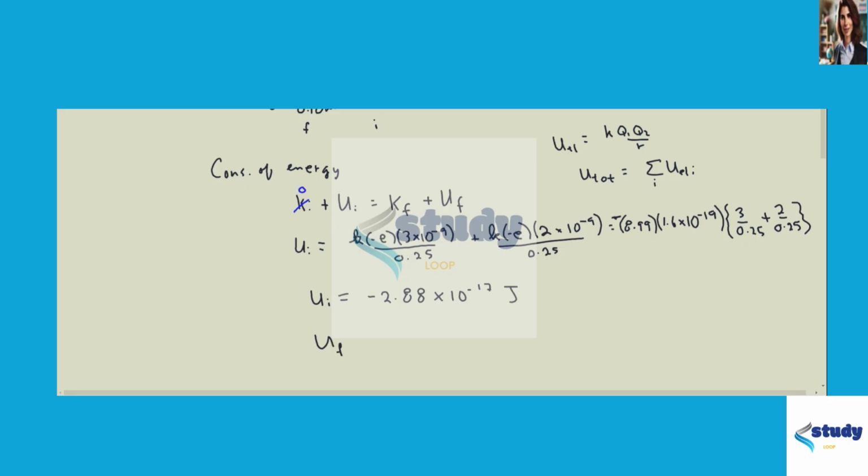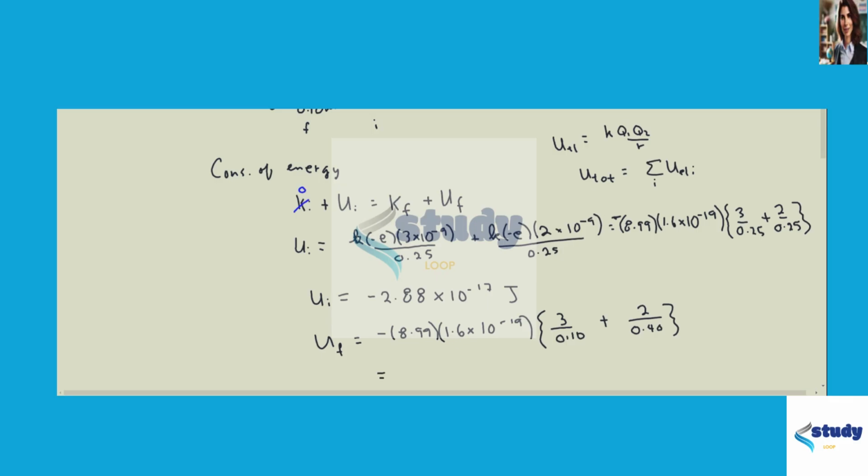We can do a similar thing with the final. There will be 2 charges. We'll keep the same constants we did before, but the 2 charges that are attracting the electron will now have a different distance. The electron is 10 centimeters away from the 3 nanocoulomb and 40 centimeters from the 2.